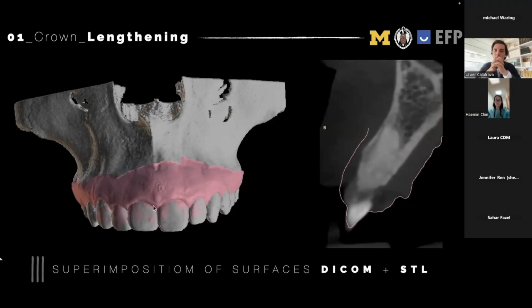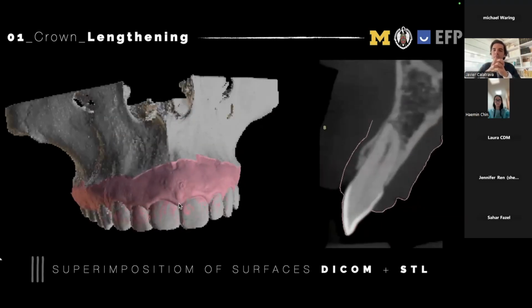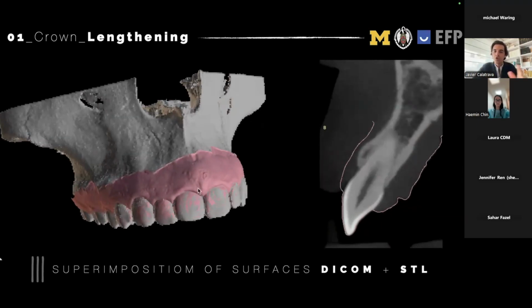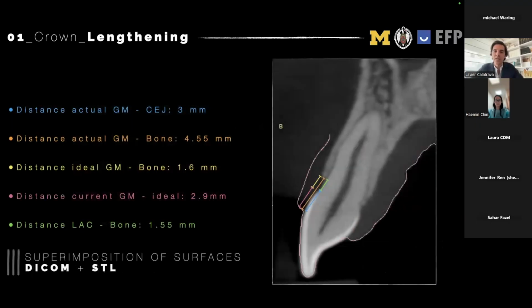And what can we very, very easily do in any software? Superimpose these two files, the DICOM file and the STL, so that if we go through our slices, we can see exactly the whole second part of the presentation, which was the importance of the direct relationships between those anatomical structures. We can see where the gingival margin is, where the CEJ is, and exactly where the alveolar bone crest is.